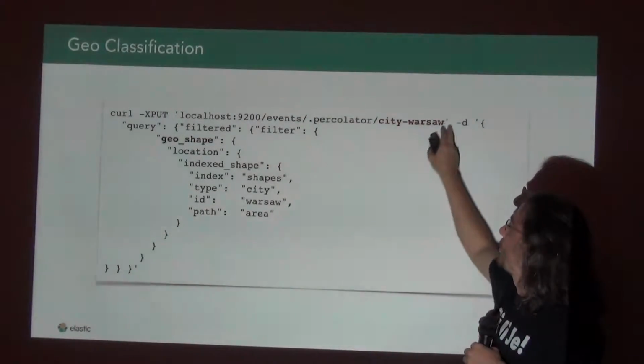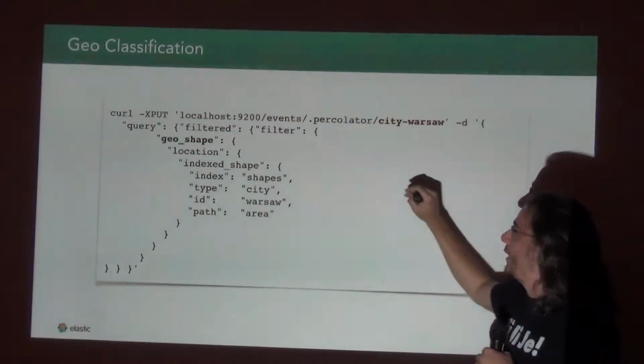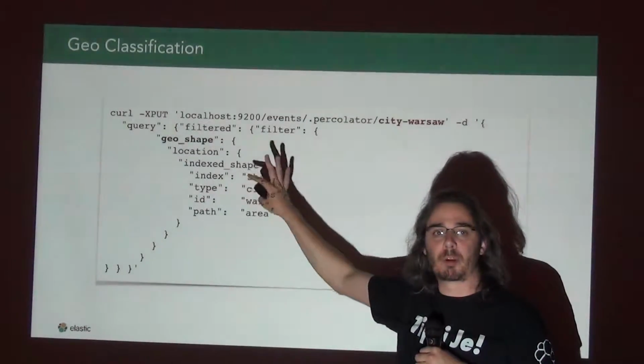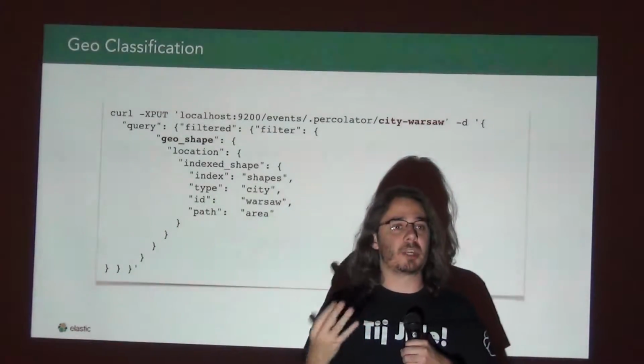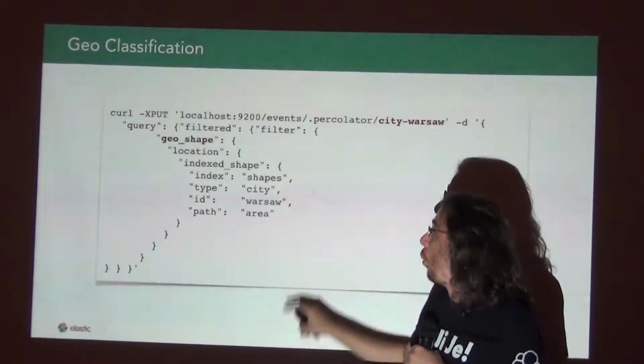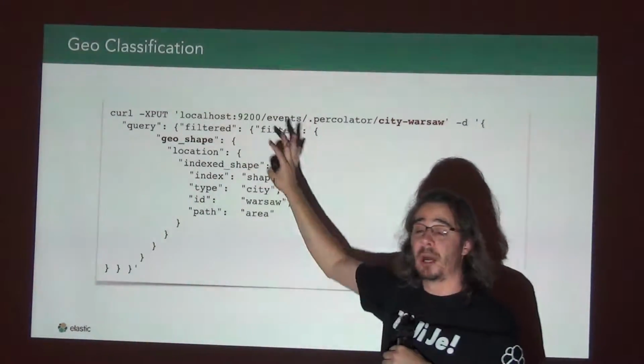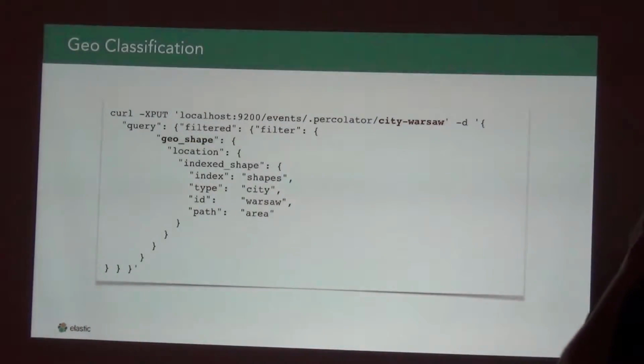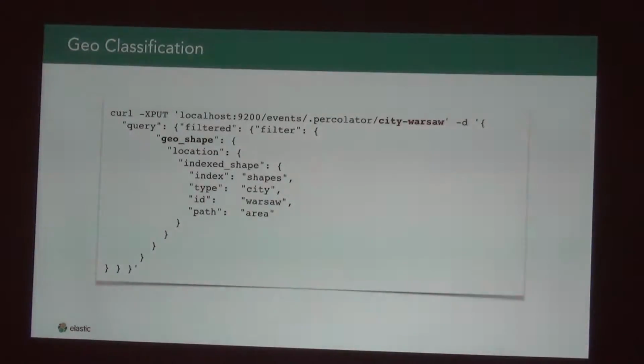It is called the city of Warsaw, and it's essentially a query that, if we just ran this query in the regular way, would give us all the events that are happening in Warsaw, within the shape that you have stored somewhere in your index that identifies the city of Warsaw. If we use this as a percolator and we show it a document, it can tell us whether or not this event happens in the city of Warsaw.